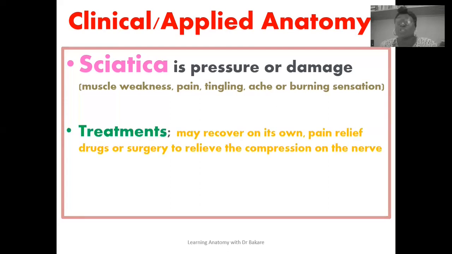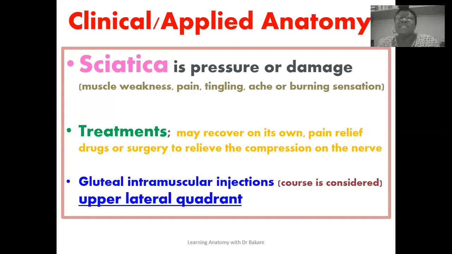And for treatment options, this damage may recover on its own, and when it persists, pain relief drugs can be used. And in a more advanced stage, there may be the need for surgery where there's going to be the relief of the compressing agent. Maybe when we have a herniated disc, and this disc is putting pressure on the sciatic nerve, there's going to be the need to perform surgery to arrest the problem that is causing this effect.